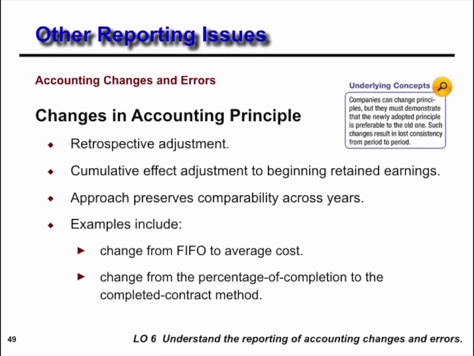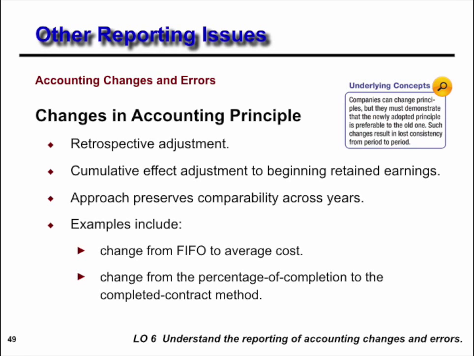Now, methods of reporting an accounting change. The two possible methods for the company to disclose an accounting change or error in its financial statements include A. Retrospective application.